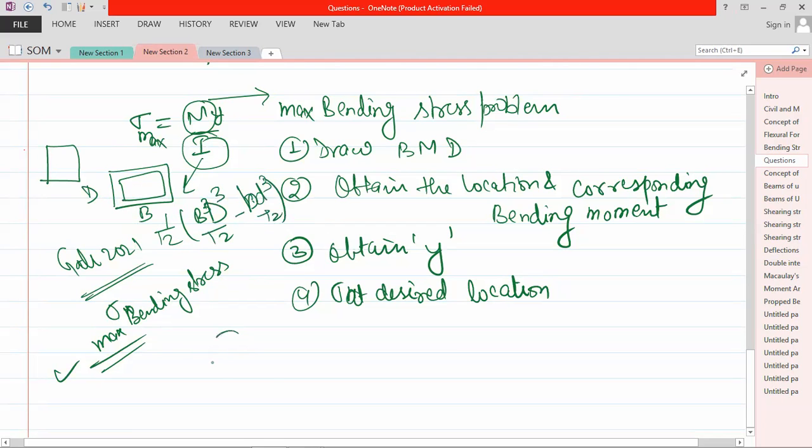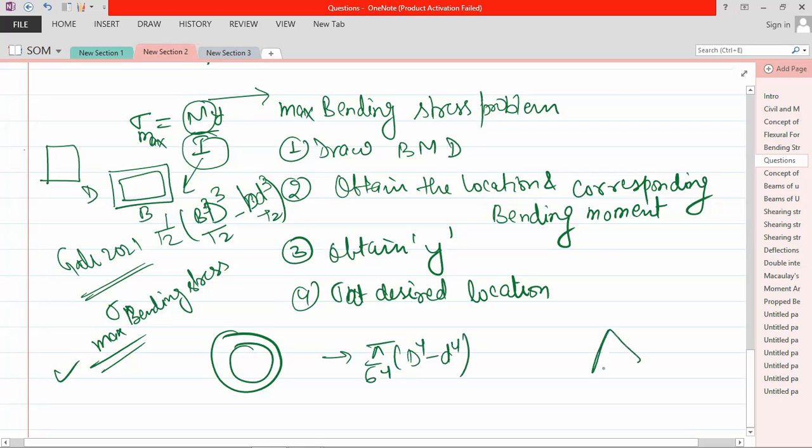If it is a hollow circle, then its value is pi by 64 times capital D raised to the power 4 minus small d raised to the power 4. If it is a triangle, I already said, it is b h cube by 36. Now these are all the things that you need to understand.